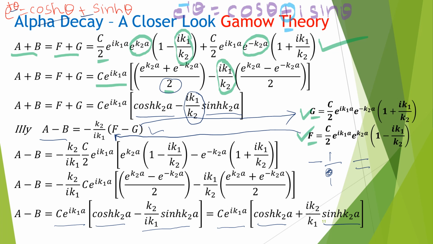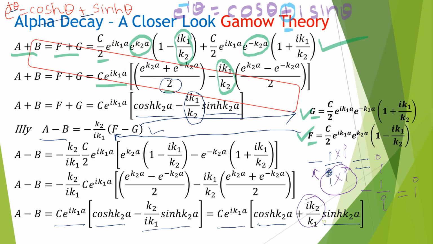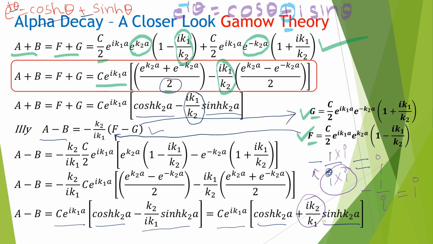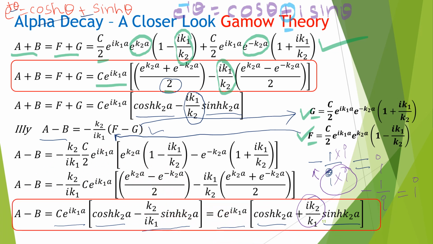Then we are multiplying numerator and denominator by I. So this I square will be minus 1, and minus multiplied by this will lead to simply I. So the substitution is minus 1 upon I is equal to I. This is the important equation which I have highlighted with red pen, that A plus B equal to f plus g simplified, and A minus B equal to so and so, appearing on your screen. You can pause the video and verify the expressions.